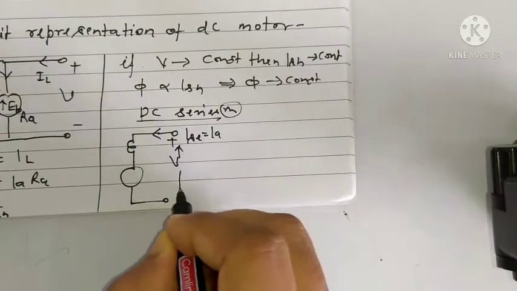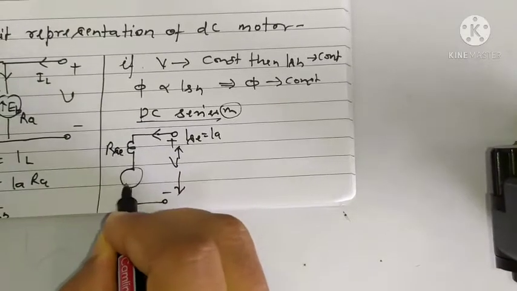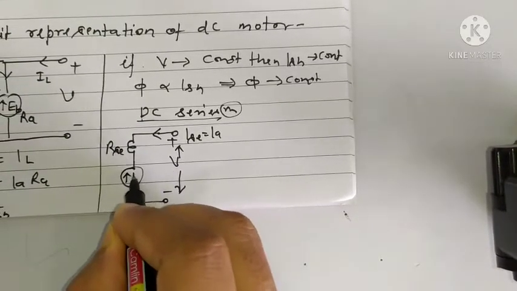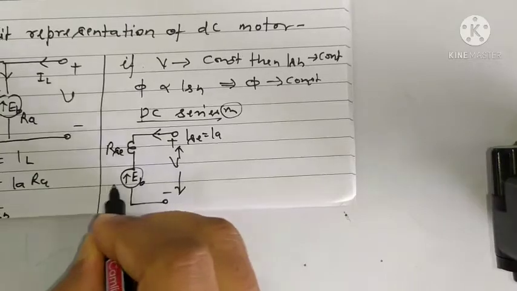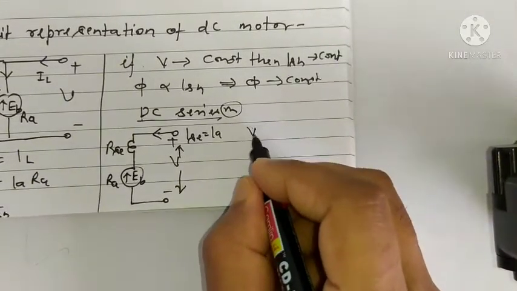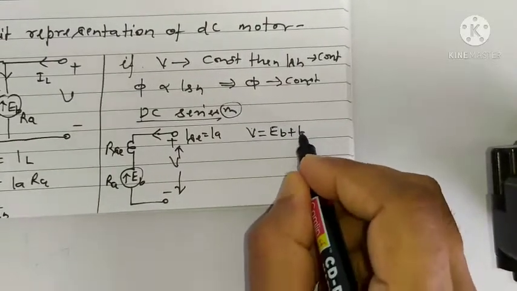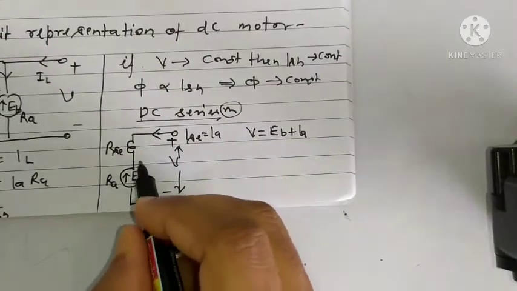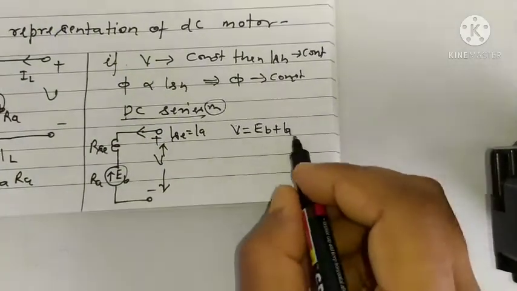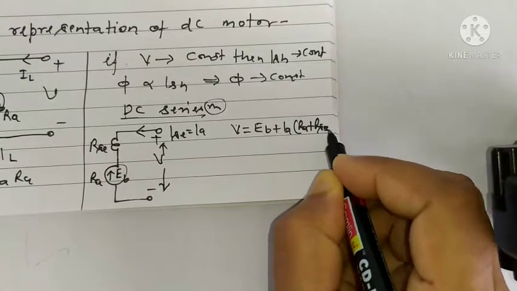Supply voltage is V, field resistance is RSC, back EMF which opposes supply is EB, and armature resistance is RA. So here V will be written as EB plus IA. Two resistances RSC and RA will be in series, so it will be RA plus RSC.